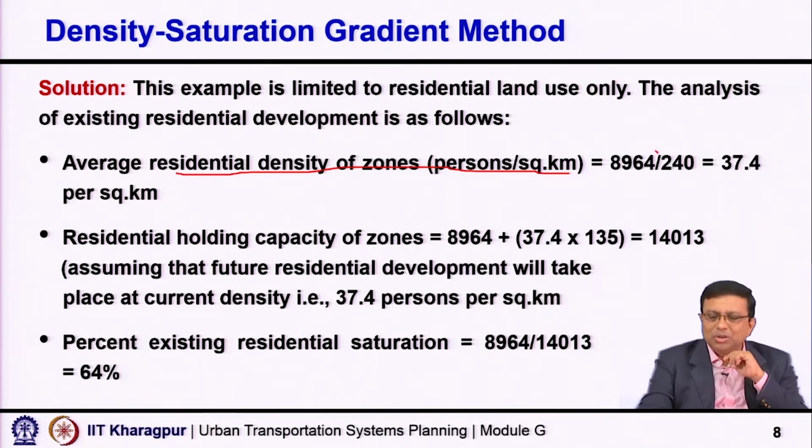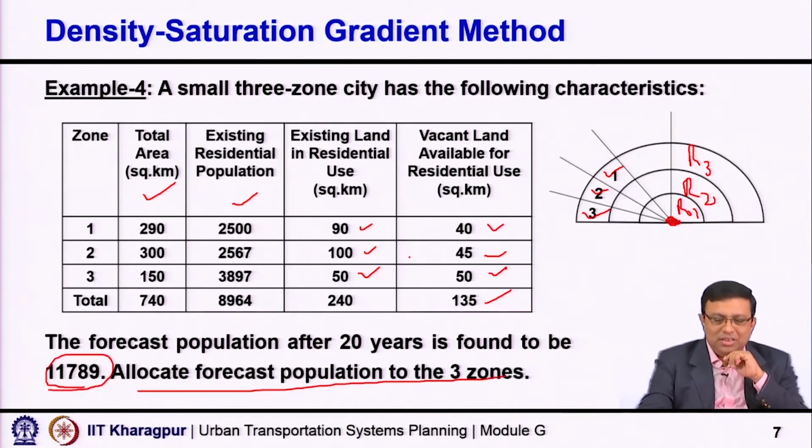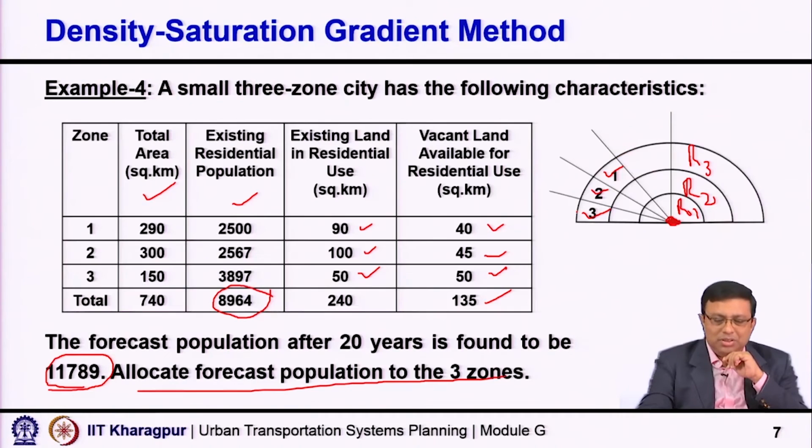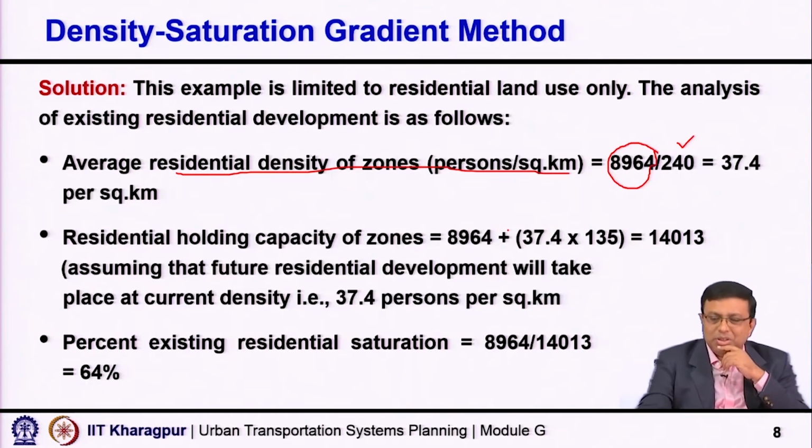We know that presently 8964 people are staying, this is the existing population, divided by the 240 square kilometer, that is the present existing land which is used, and we are not distinguishing. So, altogether we are considering, because it is just in one ring. Had one been located in R1 band, another in R2, another in R3, then we would have considered the change in the gradient, but here we are not considering.